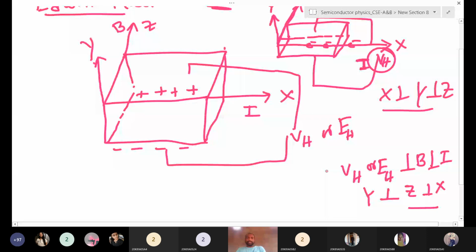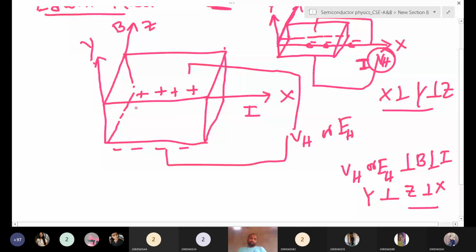Hall effect means that once we apply the magnetic field, some charges, which are going in the x direction, are deflected because of the magnetic field.